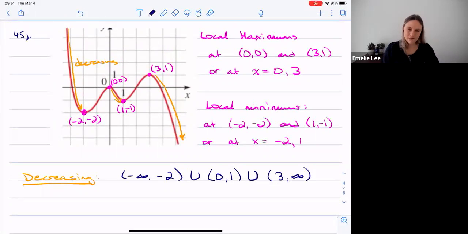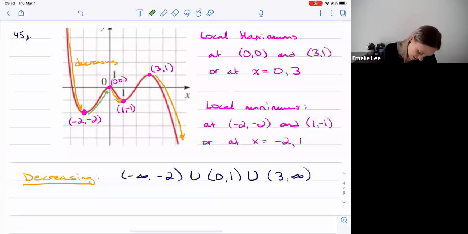Okay. A lot of the domain has been covered here, right? We've only got a couple of holes, and so if you want to think about it, if it's not decreasing, it must be increasing in those kind of holes. That's fine, right? I actually think it's easier to just look at the graph and just sketch it out. And so here it's increasing.